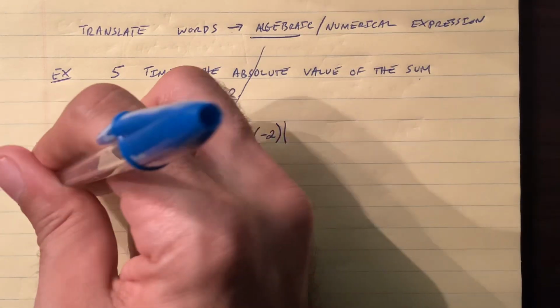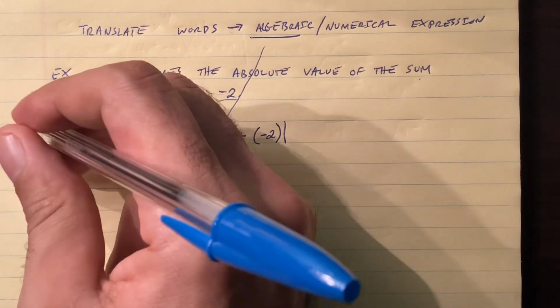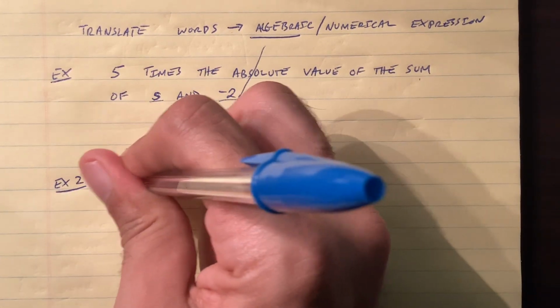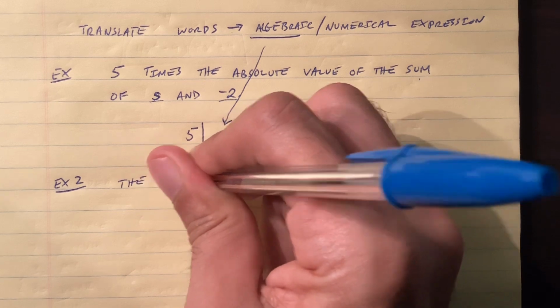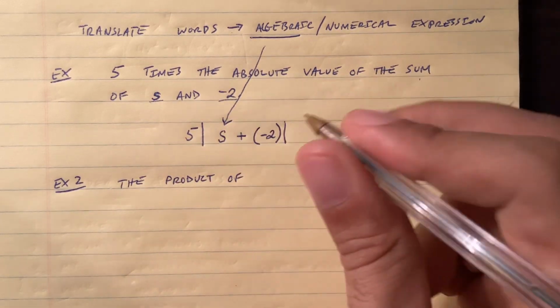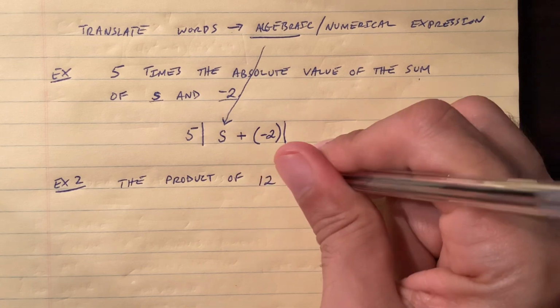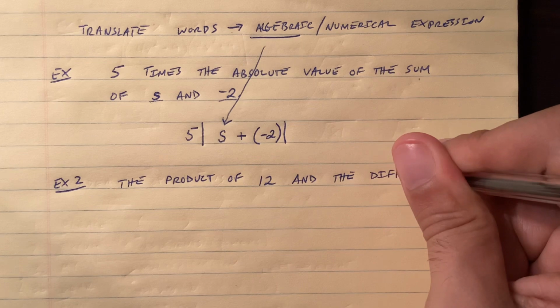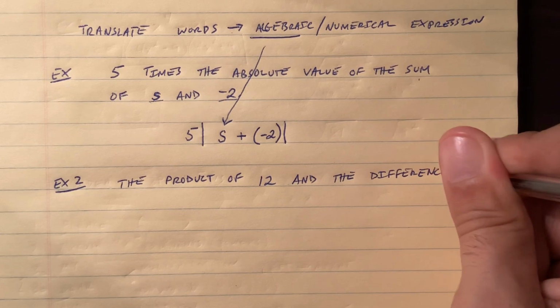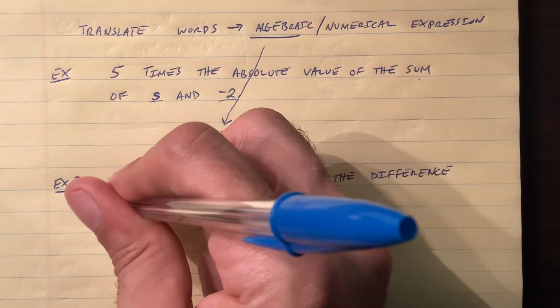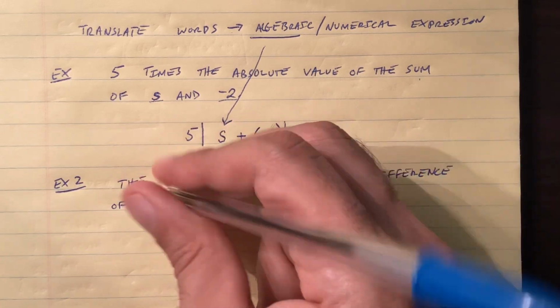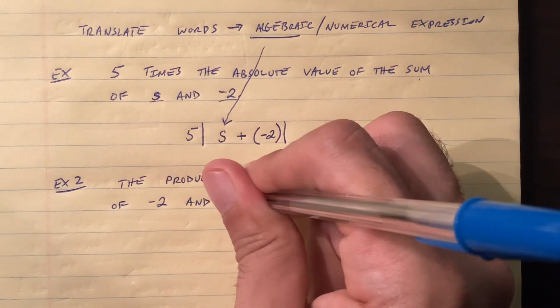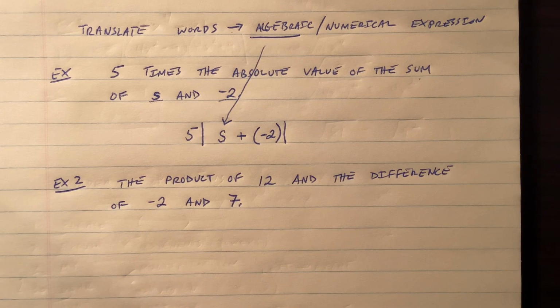All right, let's take a look at the second example. The product of 12 and the difference of -2 and 7. All right, so let's break this down. The word product means multiplication.